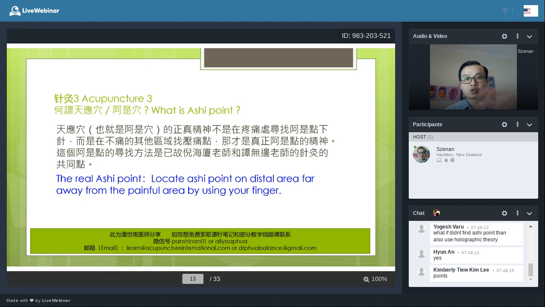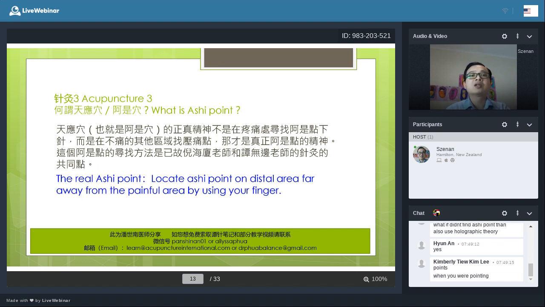We just introduced what's R point. R point is, if pain in here, you come to the lower back to get the R point, a needle. That's one type of R point. But in balance method acupuncture, the R point doesn't mean you come to the painful area.